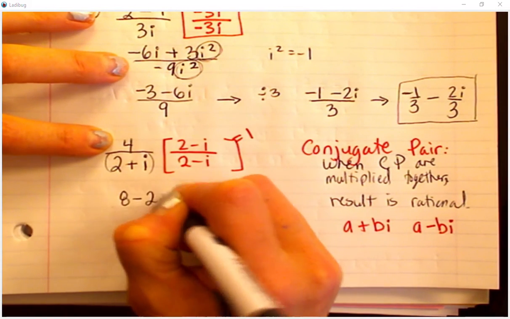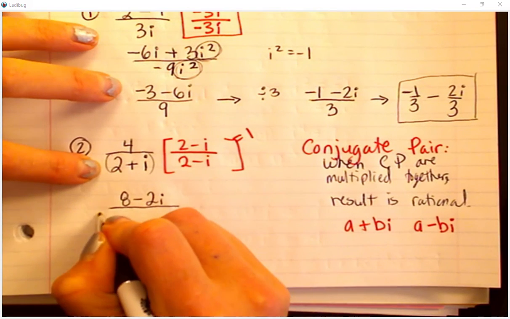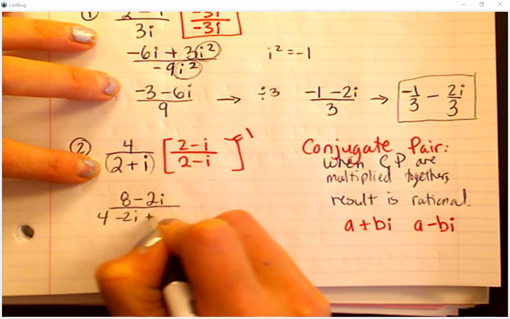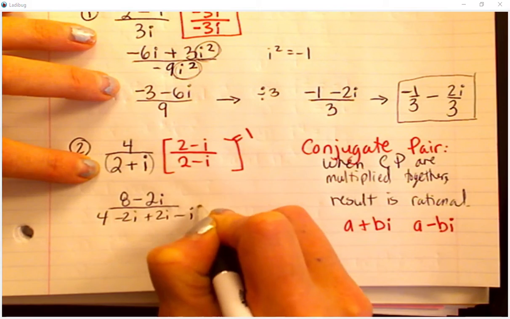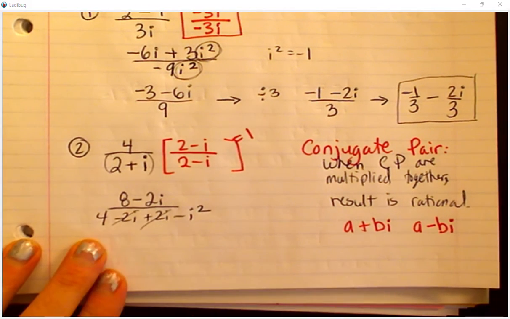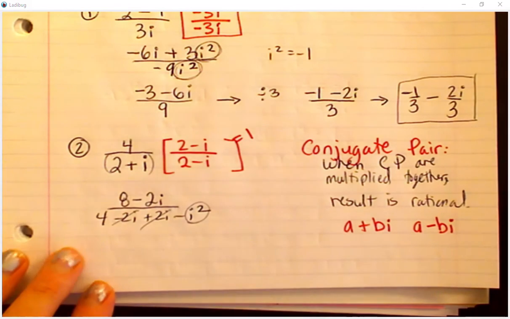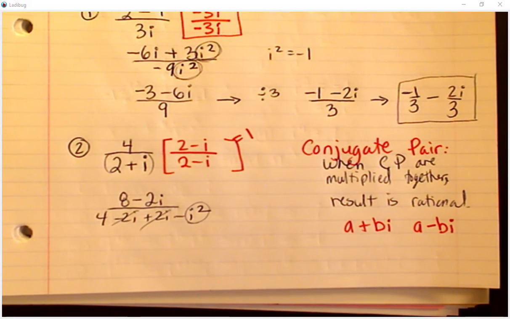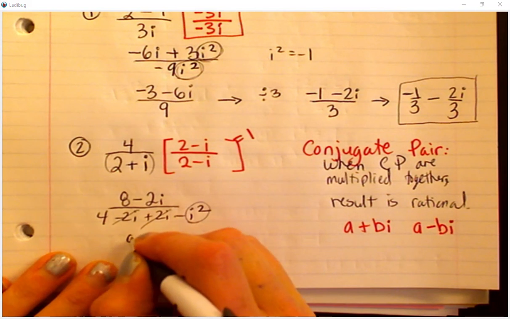Okay, so let's distribute our top. 8 minus 2i. Okay, first, outer, inner, last. Oh, yeah. Nice. Okay. Right? i squared is what turns into -1.